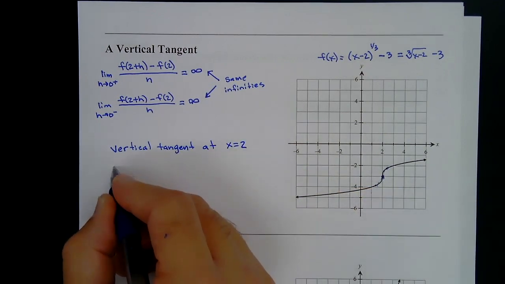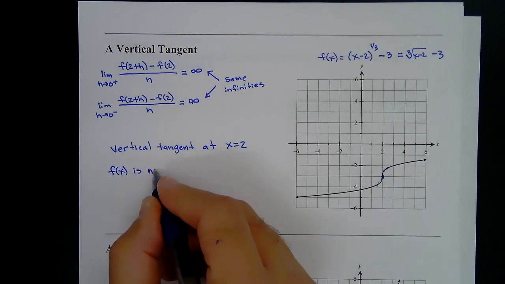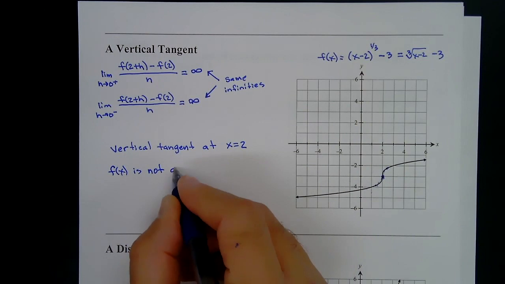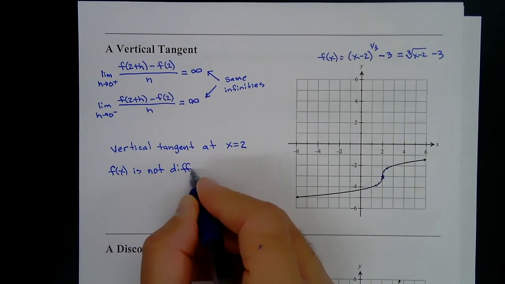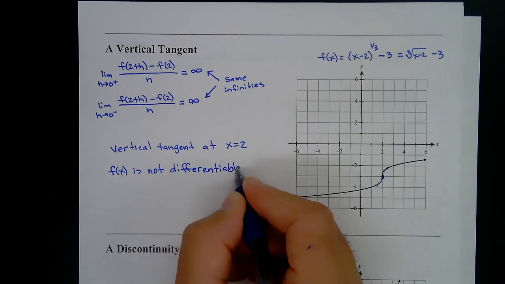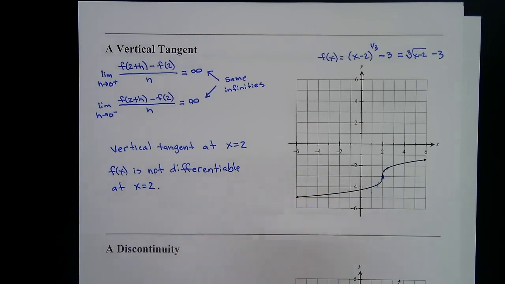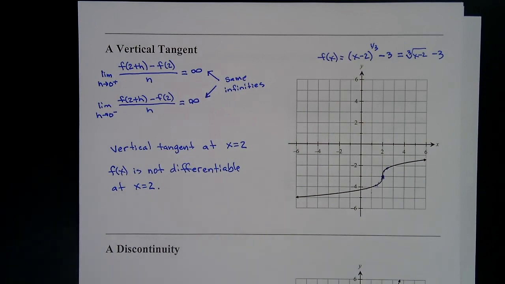And so f of x is not differentiable at x equals 2. You could say f of x is not differentiable at x equals 2 because there's a vertical tangent at x equals 2. You could say something like that.